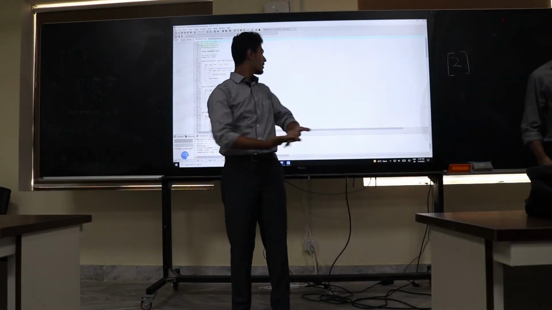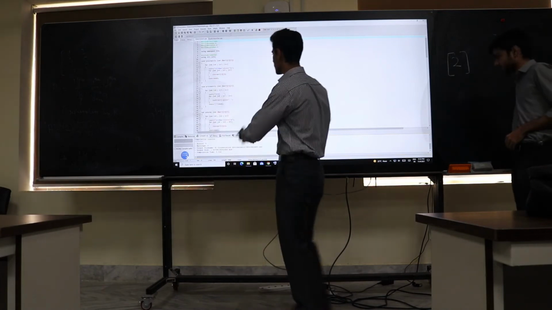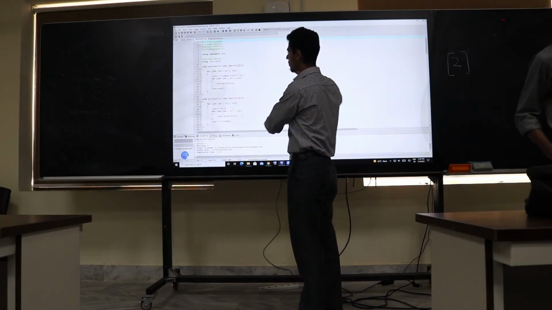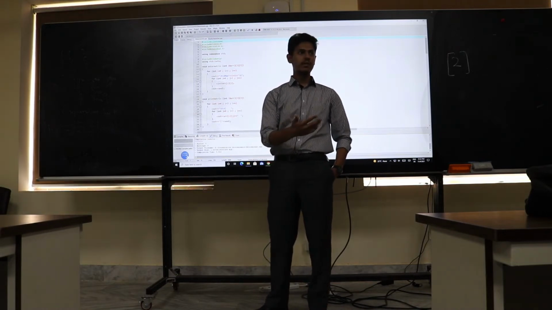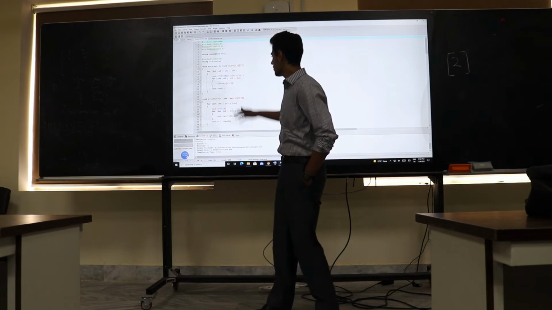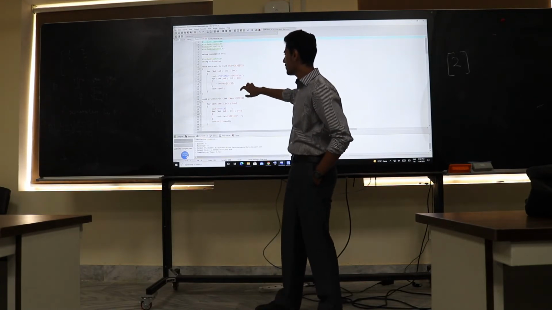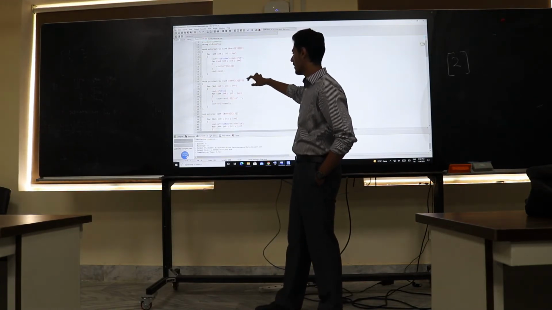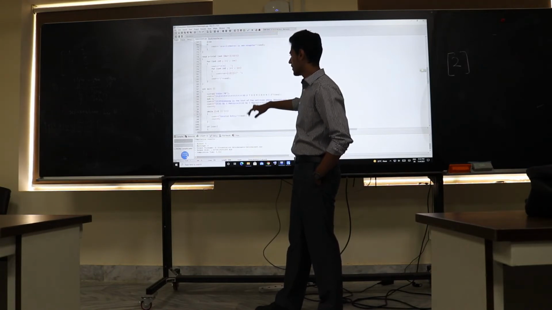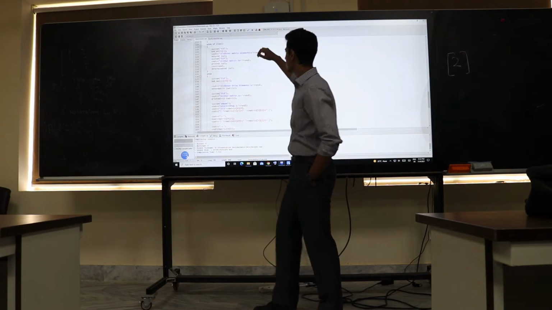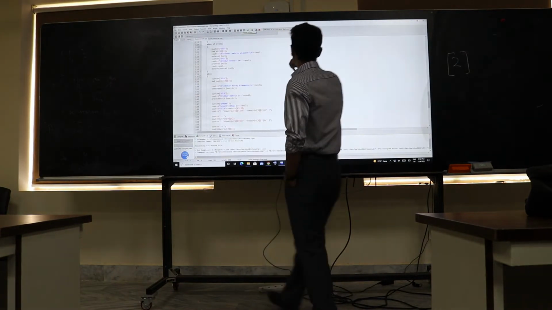Being a student of computer science, I wrote a simple program to calculate the determinant of a 1 by 1, a 2 by 2, and a 3 by 3 matrix. I don't think I need to explain. I have made functions to get the values into the matrices and to print the matrices, and then there is computation, and there is a main function. Let's run.